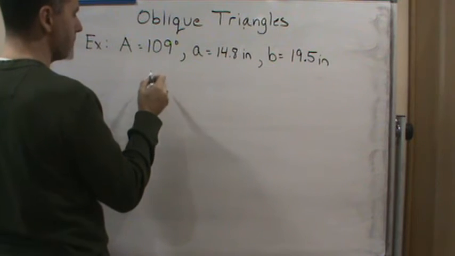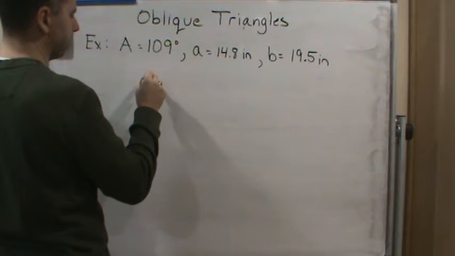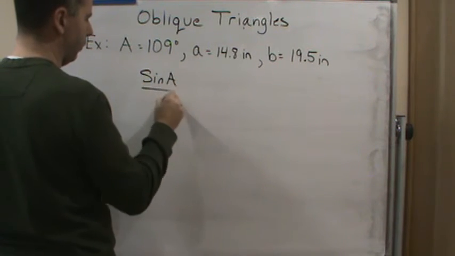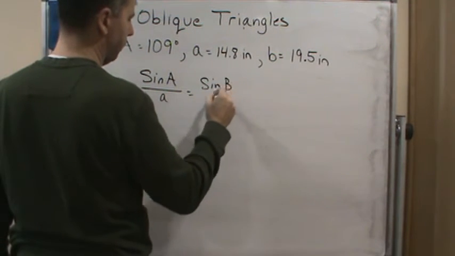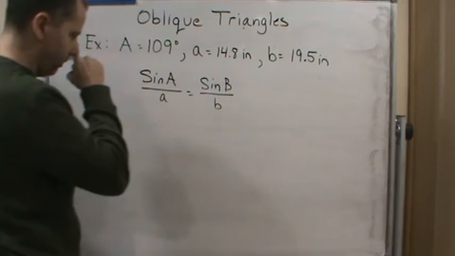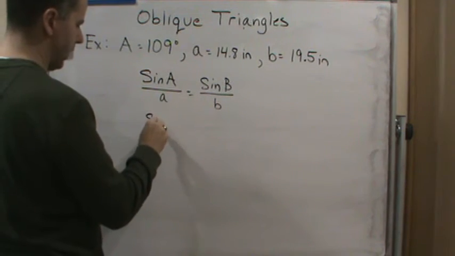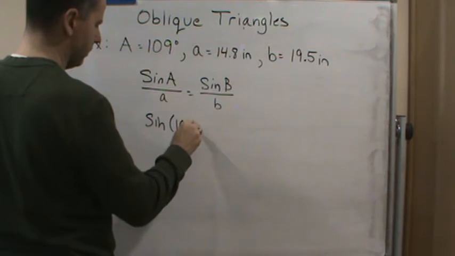Okay, now, here's what we're going to do. We're going to do sine A over A equals sine B over B. Okay? So I'm just going to plug in the values I know. So I'm going to do sine of 109 degrees.